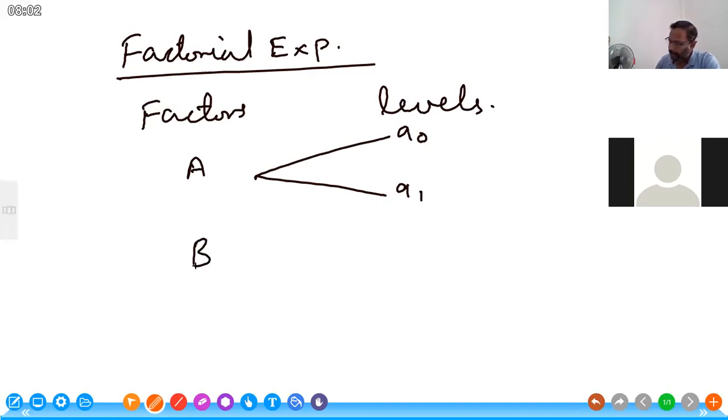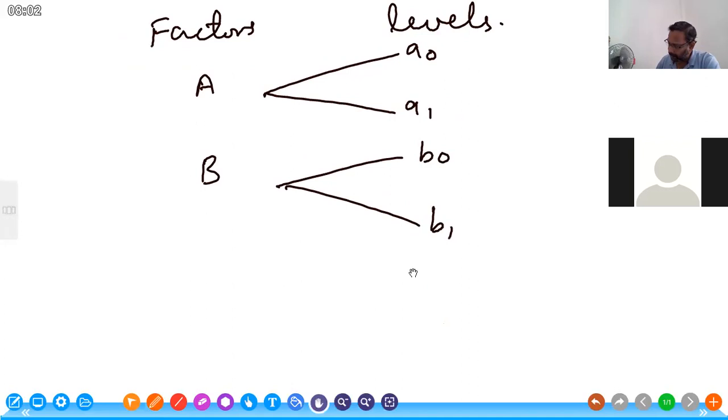And you have factor B. Again, you have 2 levels, B0 and B1. So these are the factors and the levels. The main purpose of this factorial experiment is to investigate the interactions.